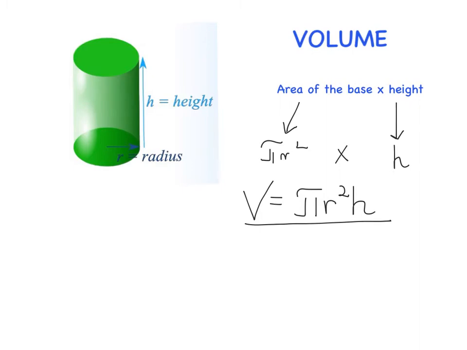The h is the height, r is the radius, pi is pi. You might be asked to use 22/7 as pi, or 3.14, or you might be asked to just leave it in terms of pi.